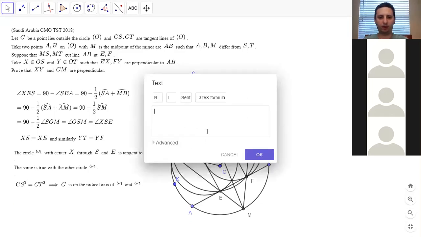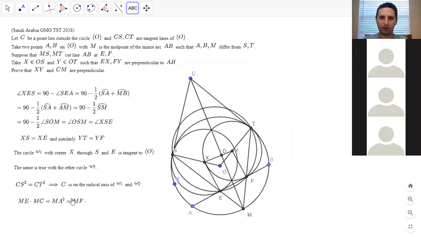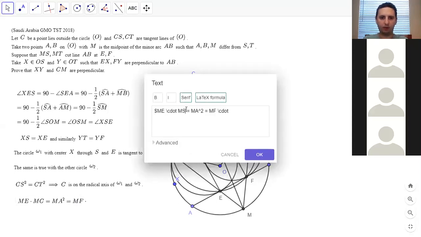So okay, so we have ME times MC is equal to MA squared, which is equal to MF times, oh, this should be S, MF times MT. So M lies on the, I'll just say that implies CM is the radical axis of omega 1 and omega 2.